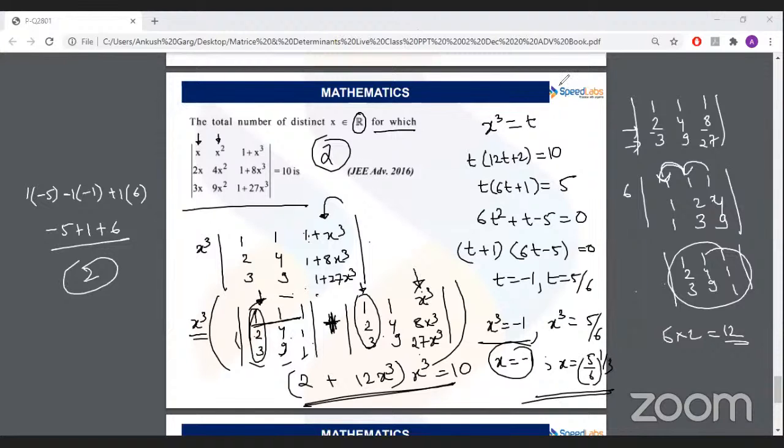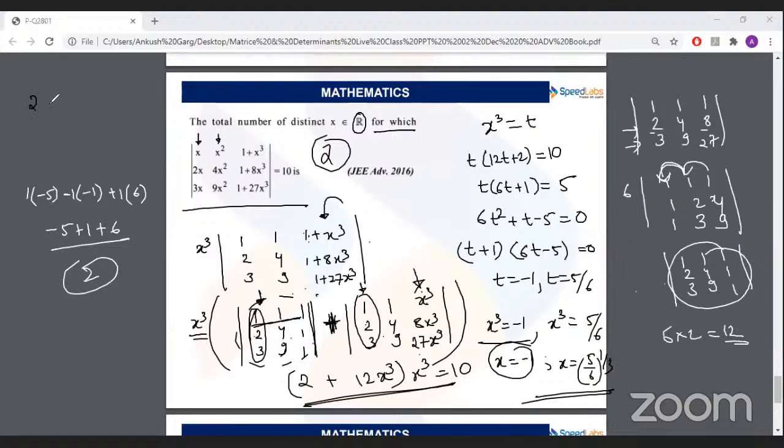Is it clear? What I was asking is, everything was adding, is that in matrix? Yeah. If that was in matrix, then you have to add all the particular elements. In determinants, only one row or one column. So these properties of matrix and determinants you have to remember.